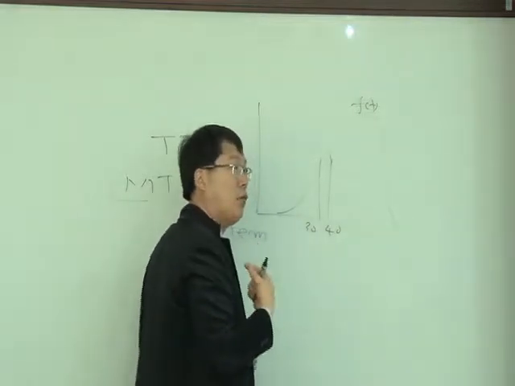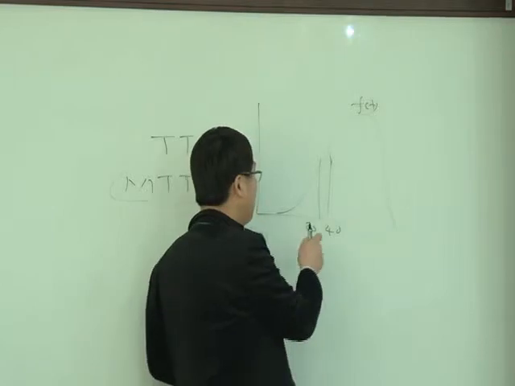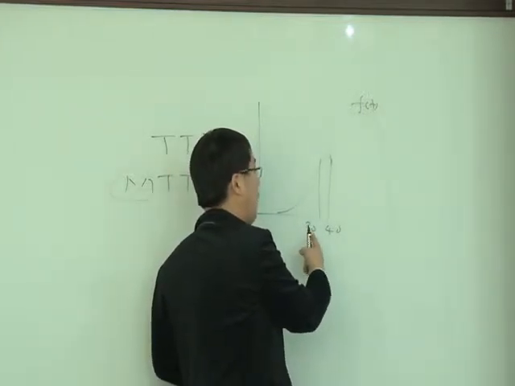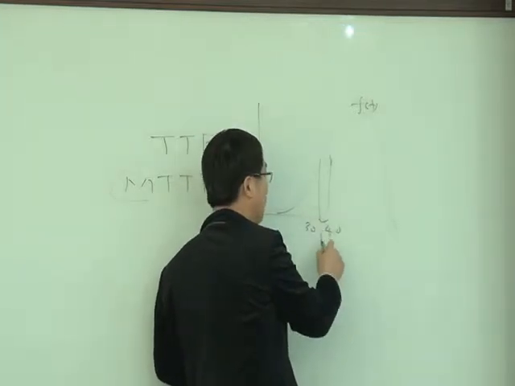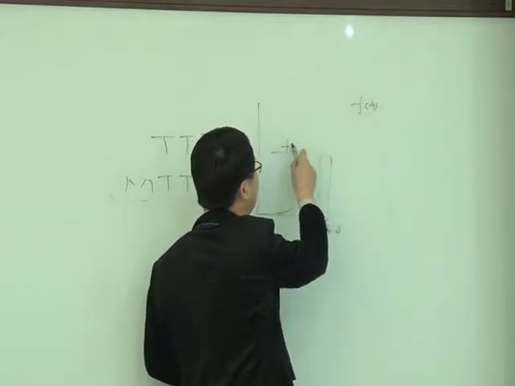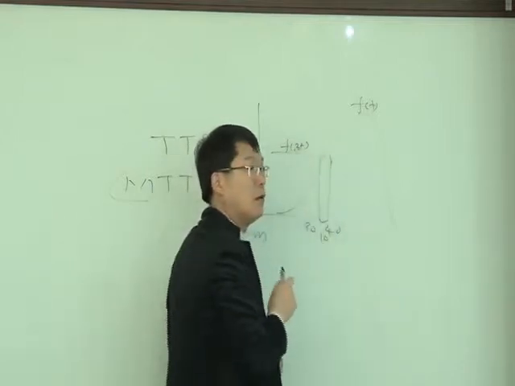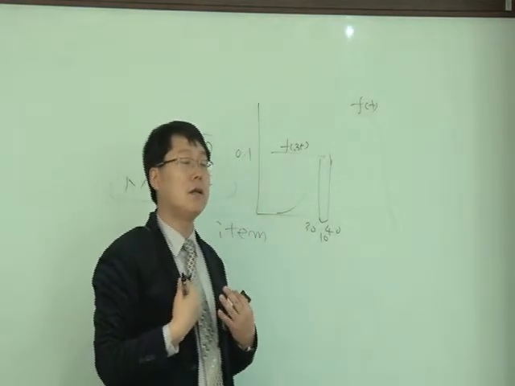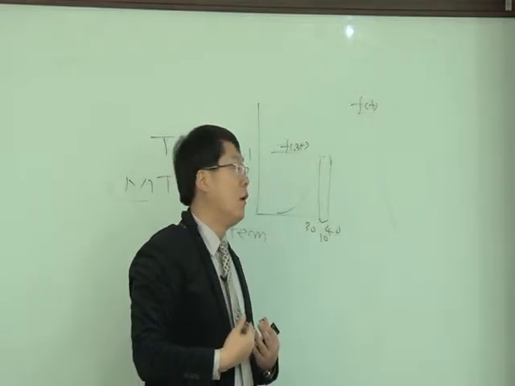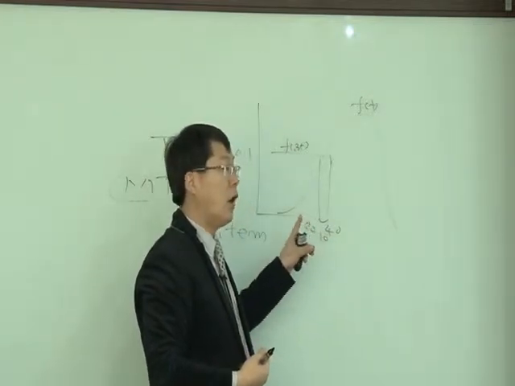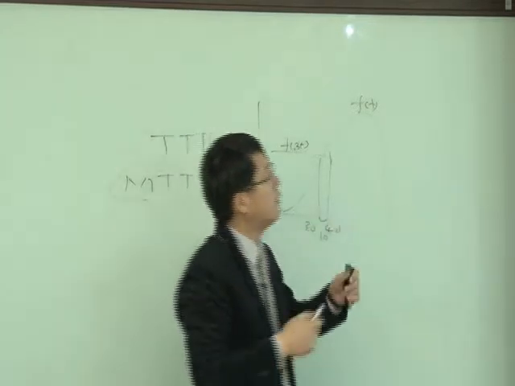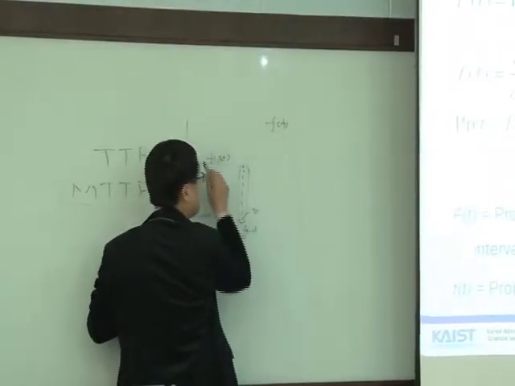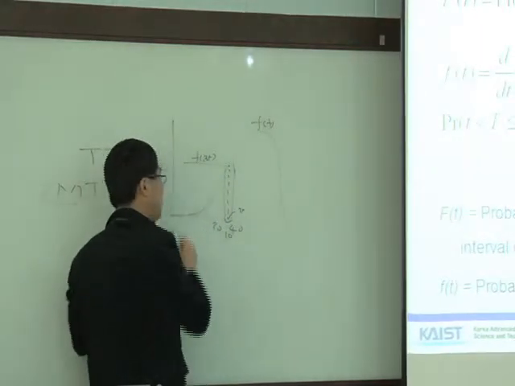The probability that our life expectancy falls between 30 and 40 is approximately delta t, which is 10, times f(t), maybe at 35, which is maybe 0.001.